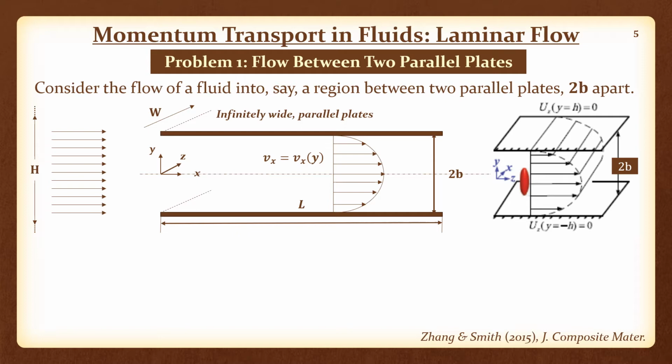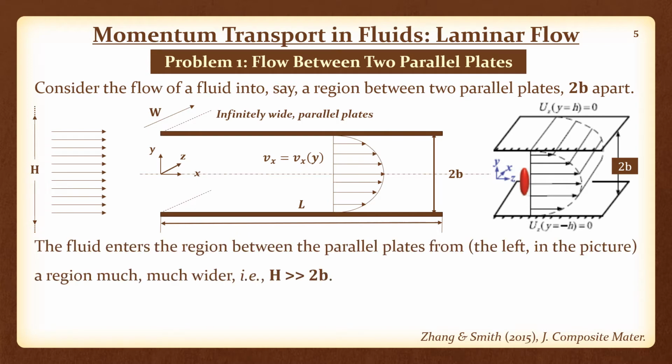It is coming in at uniform velocity and entering this region between two parallel plates. From your fluid mechanics course, and also from school level or introductory college level physics, you are familiar that the velocity profile that will ultimately develop is a parabolic velocity profile, shown in these pictures.